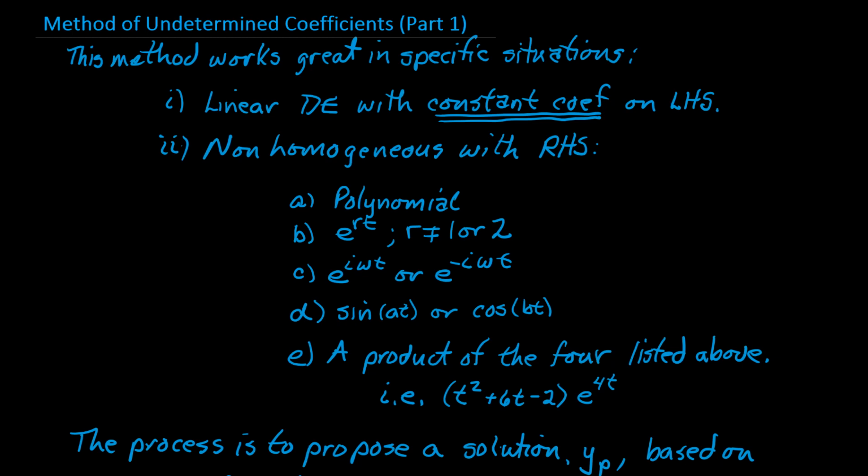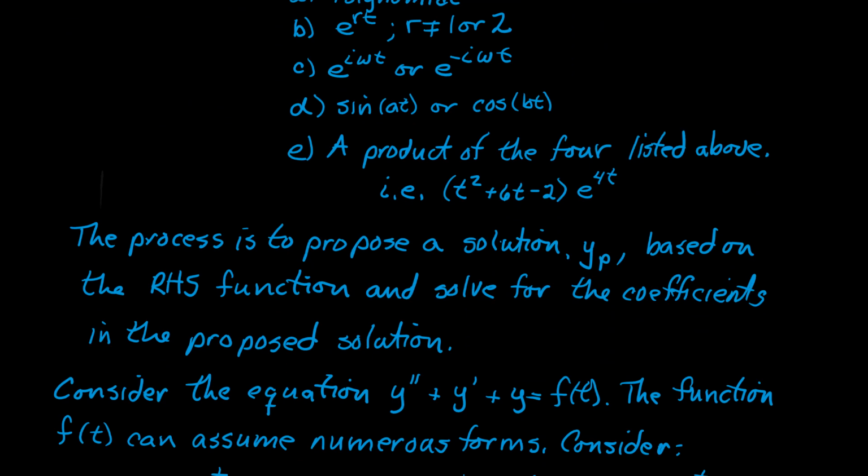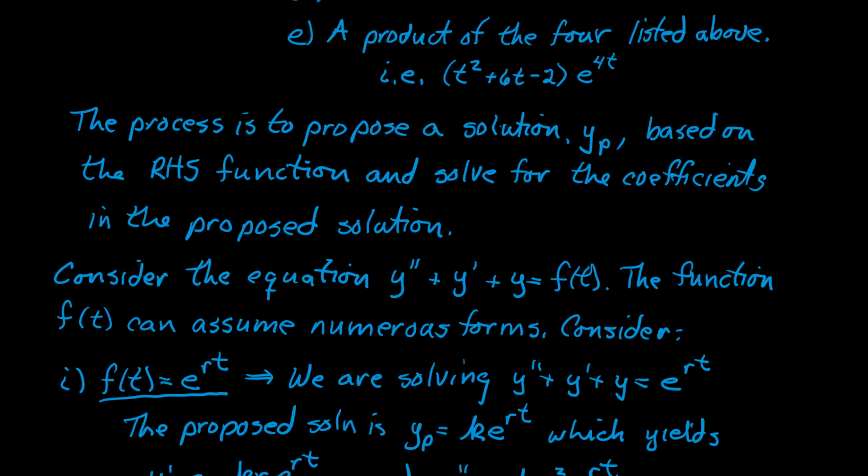Now there's another option for the right-hand side, and that is the right-hand side can be a product of some of the four that we just talked about. So for example, we could have a situation where the right-hand side is something like t squared plus 6t minus 2 times e to the 4t.